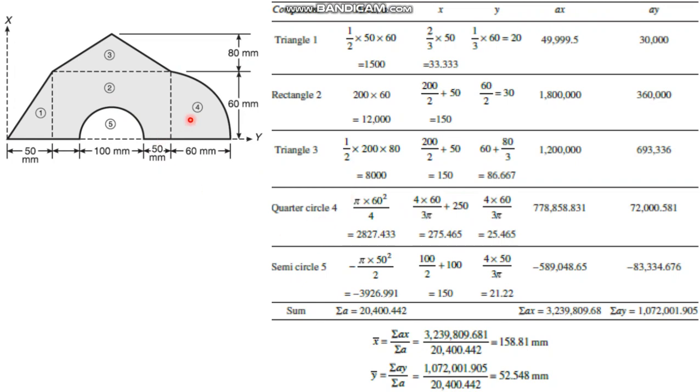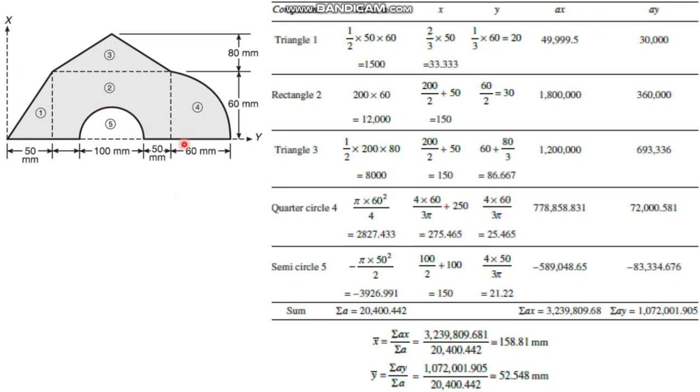And for the fourth, the quarter of the circle, the x distance from here to here is 200 plus 50, that is 250 plus 4 into 60 by 3 pi. And for this height, the centroidal point is 4 into 60 by 3 pi.